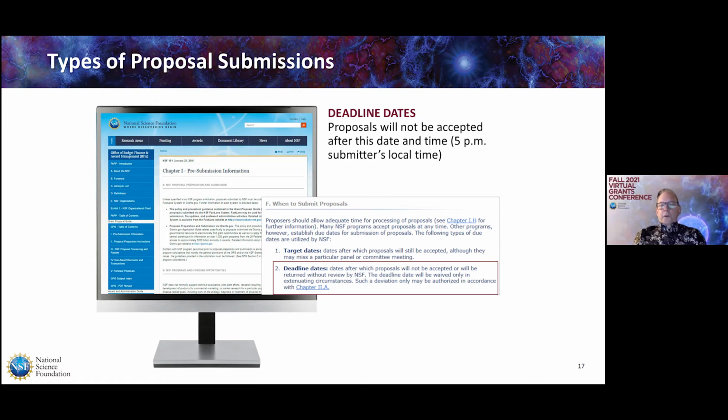I get on my soapbox often about this. We are very rigorous. We are bound by policy as to what we can do if a proposal comes in after the 5 p.m. local time deadline. So please submit your proposal early. Again, this is where I get on my soapbox. I manage the Major Research Instrumentation program, which gets about 800 proposals each competition.